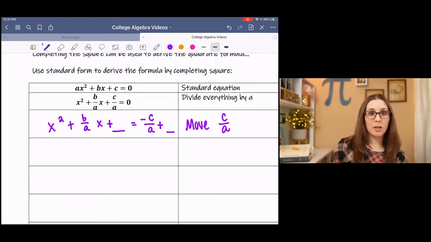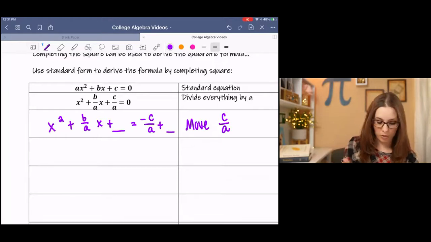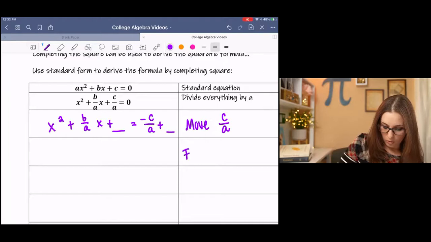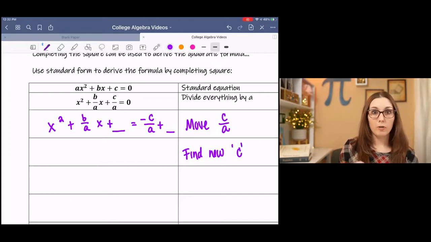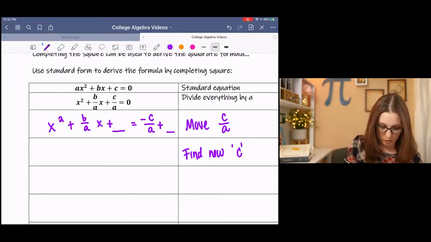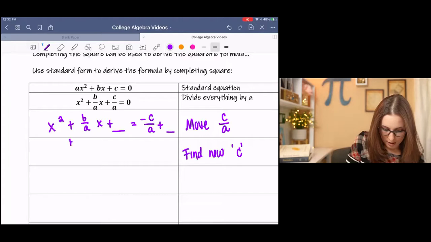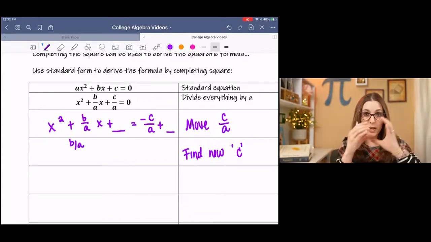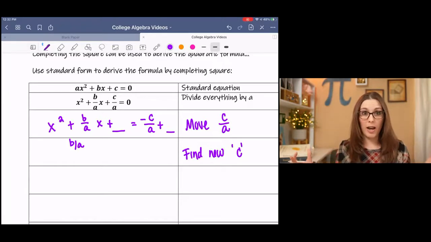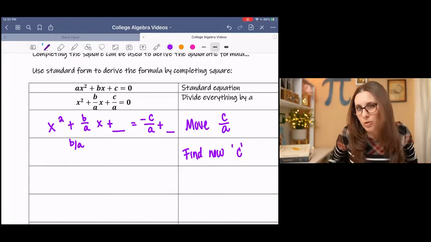Now I mentioned that I'm going to have to find the new c value. So that is going to entail our formula that we know, and that's where you do b halved and then squared. In this case, our b value is b over a, and we're just pretending like those are numbers.